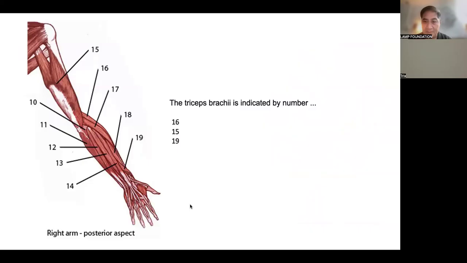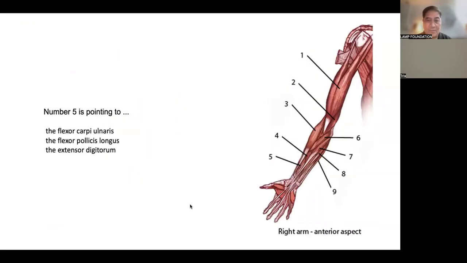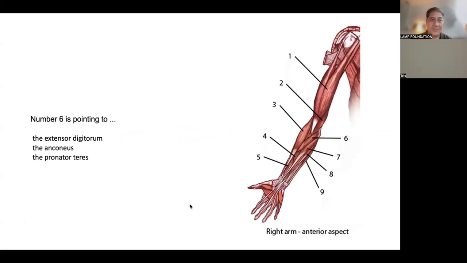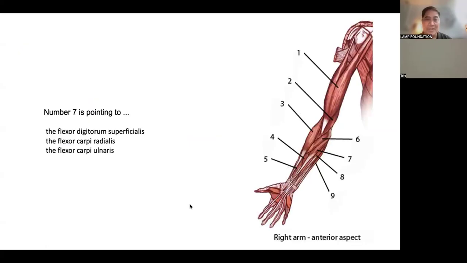Triceps brachii, number 15. Extensor digiti minimi, number 13. Number 5 is the flexor pollicis longus. Number 6, pronator teres. Extensor digiti minimi, nice name, number 13. Number 7.